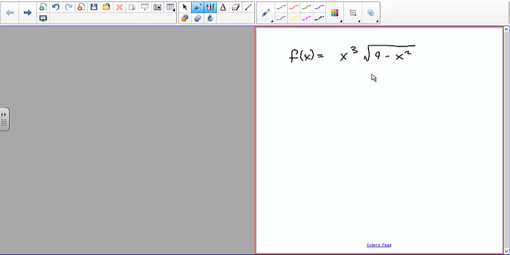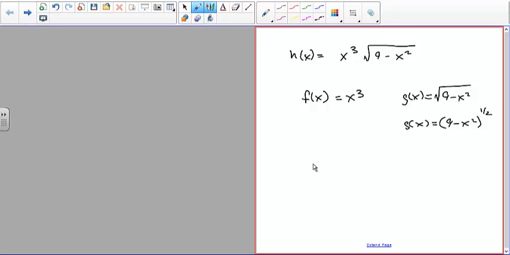So this is a product rule example. So let's change that to h of x, just because then I can call part of it f of x. So you'd have f of x is x cubed, and g of x is equal to the square root of 9 minus x squared. And so we can rewrite g of x as 9 minus x squared to the 1/2 power.